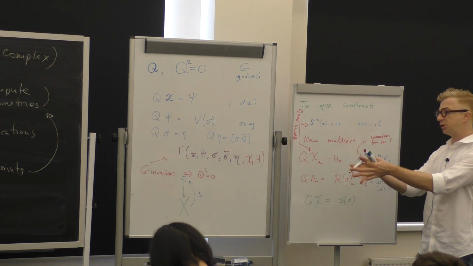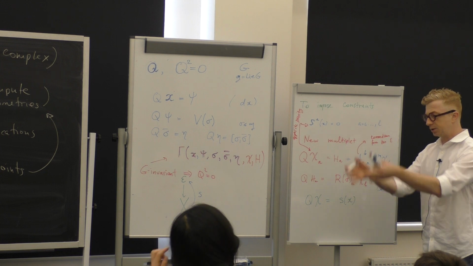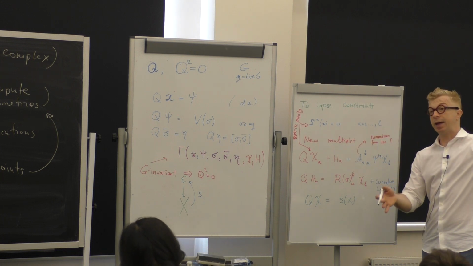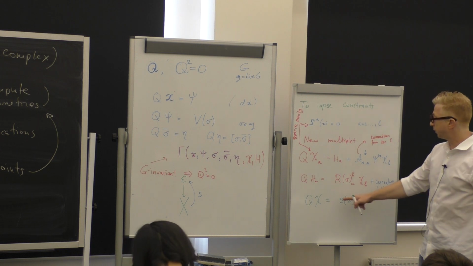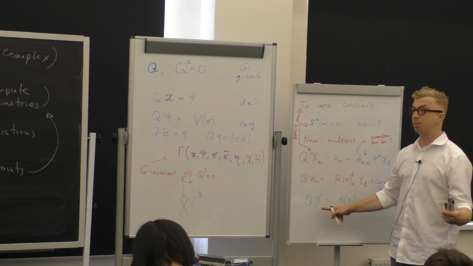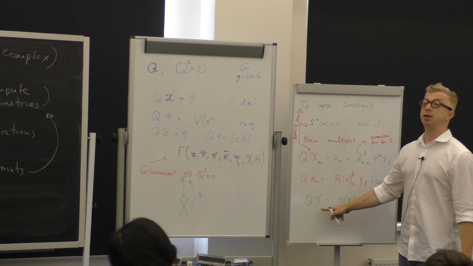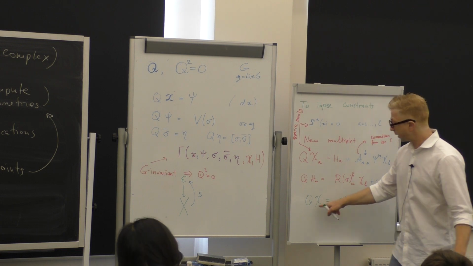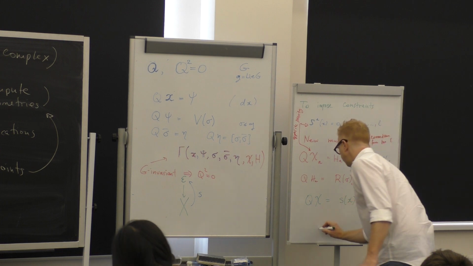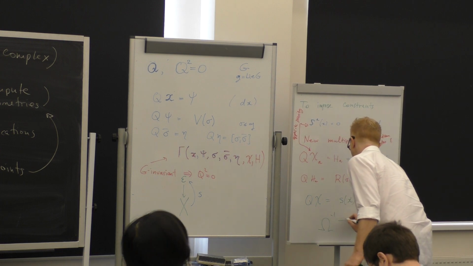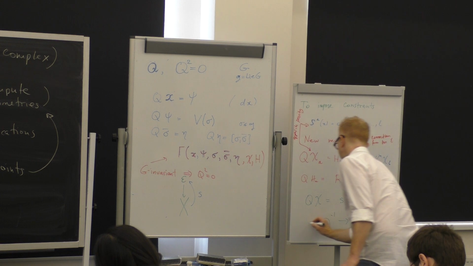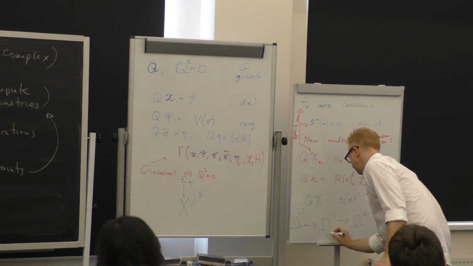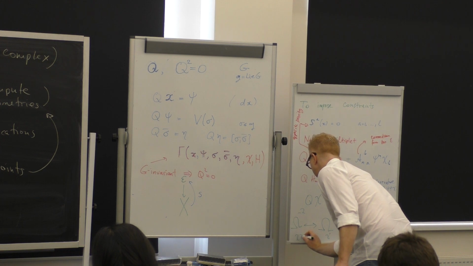My original functions sit at the 0th term of a complex, which now has negative components. So the -1 degree component will be functionals which are linear in chi, -2 functions which are quadratic in chi, and so on and so forth. And I have a differential which goes from -1 to 0.